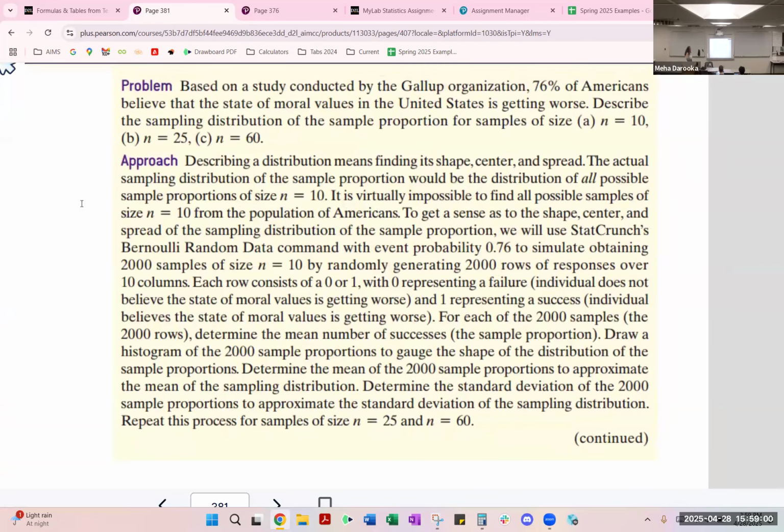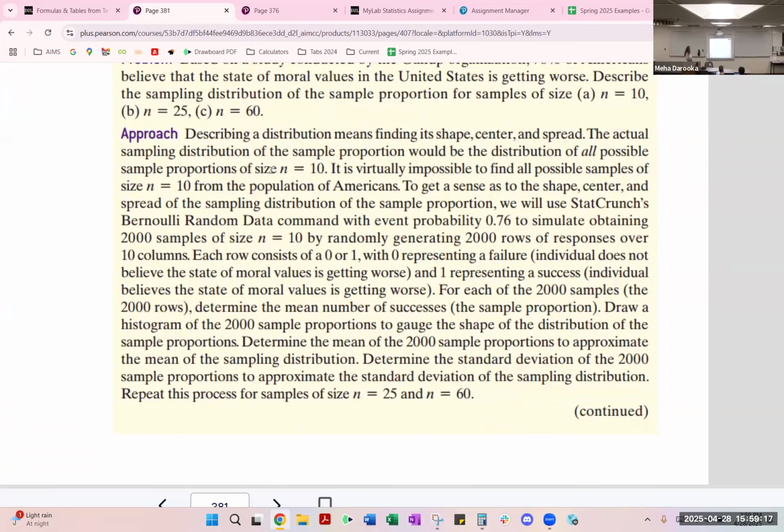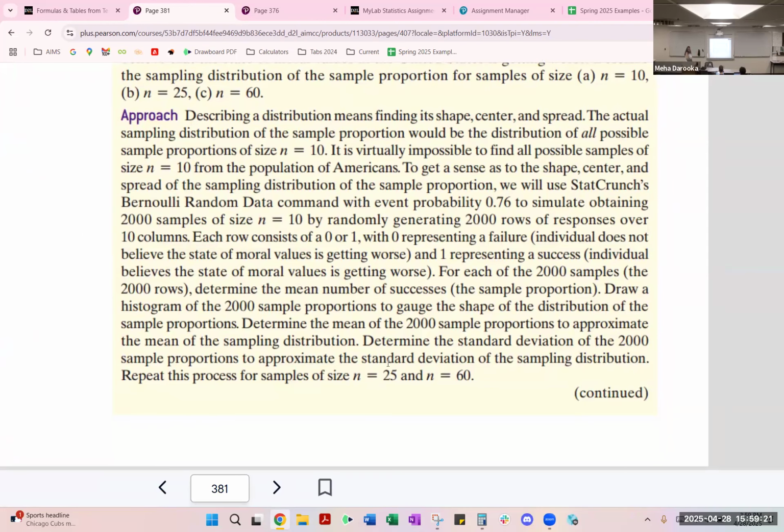So you can see, again, we're talking about, based on a study by Gallup, 76% of Americans believe that the state of moral values in the US is getting worse. And you can see the different sample sizes. They're asking us to do this with 10, 25, and 60. They just go through the description of how they approach that, which again, like I said, will be very similar to what we were doing in section 8.1.